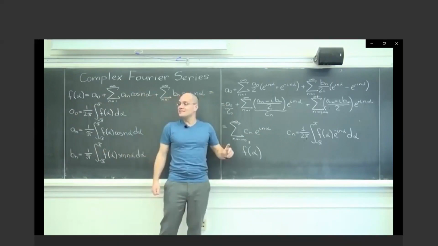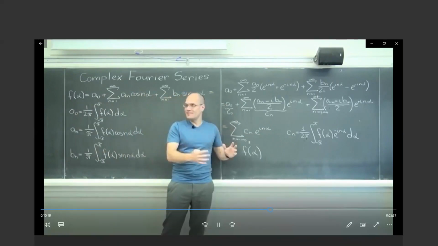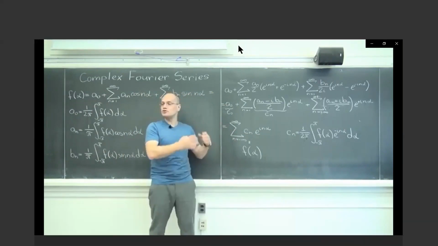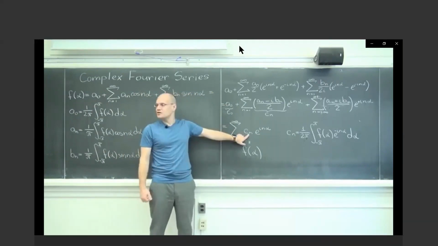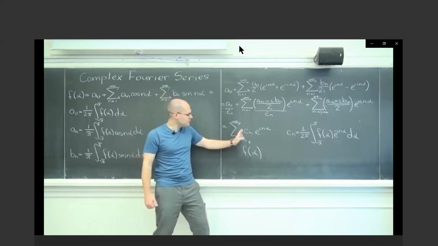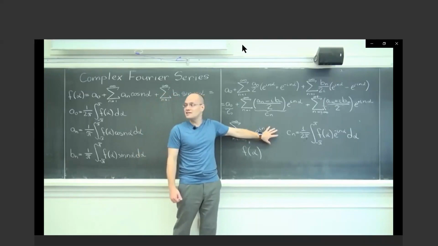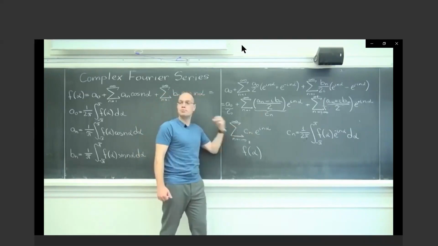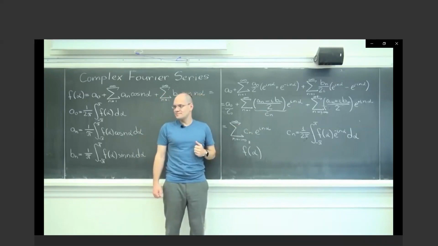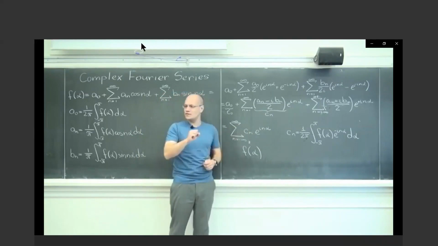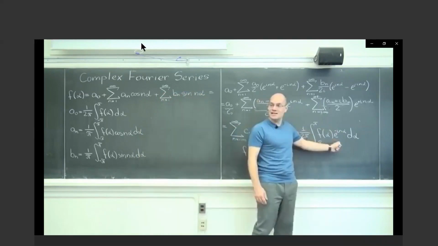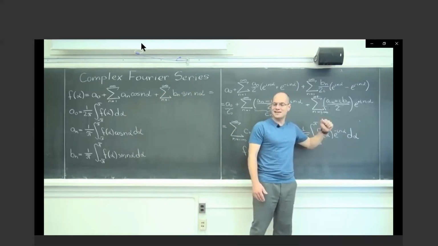And then you would realize that for that trick to work, in other words, for all the terms to drop out, except the one that you're interested in, you would have to multiply by the complex conjugate. So they more or less, quote unquote, cancel each other. And when you do the integral, it brings out c sub n. That's another perspective. I seriously recommend doing that. And you'll realize that to extract that one coefficient, you have to multiply by the complex conjugate and not by the exponential itself. That's a second perspective.